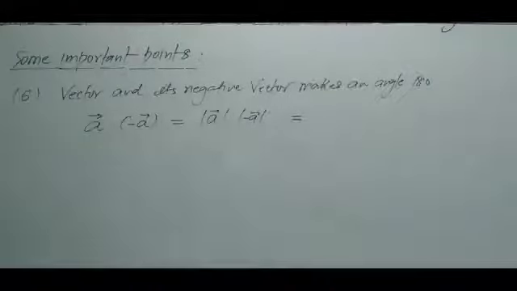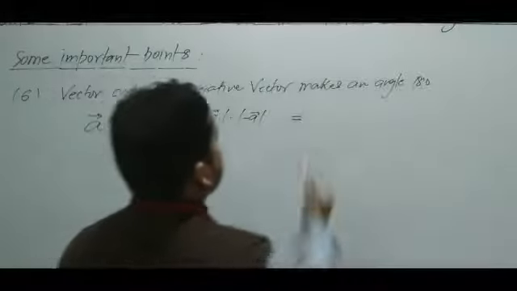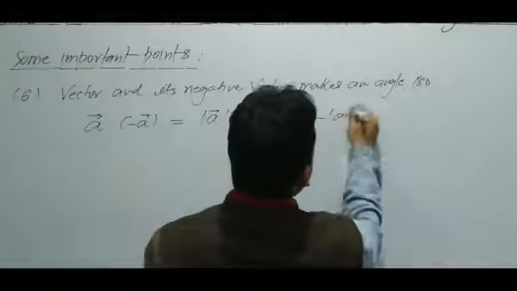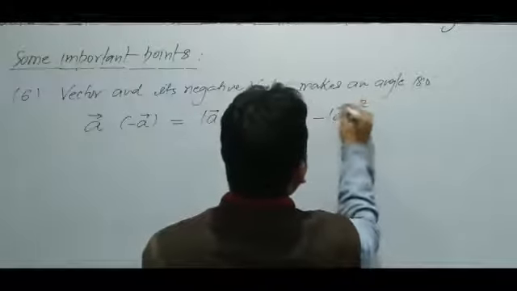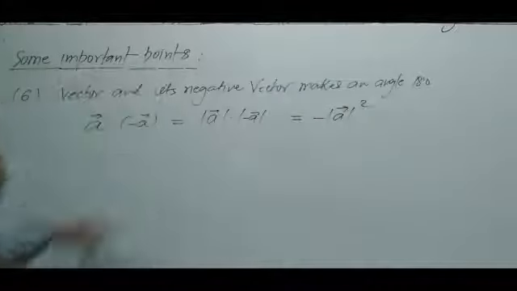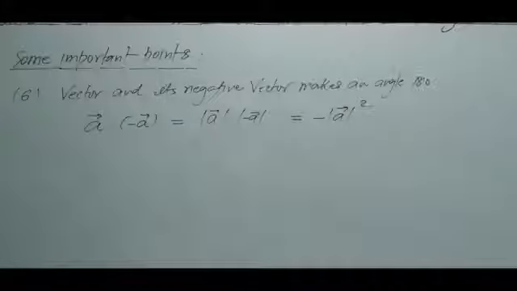So minus mod of vector A whole square. This is A dot A, minus mod of vector A whole square, since cos pi is equal to a negative sign.